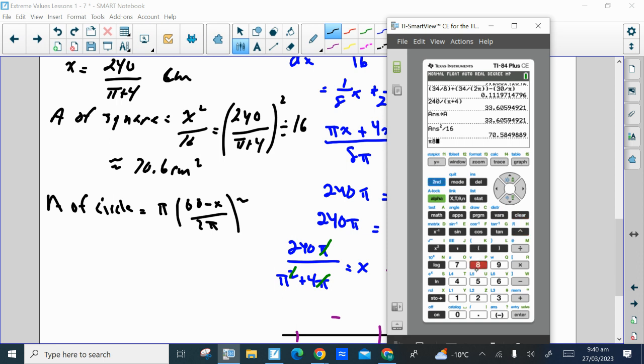Pi bracket. Now we need another bracket for the 60 minus x, and x is memory slot A. That's divided by another bracket for the 2 pi. Close the bracket on the whole thing and square it. So that's approximately 55.4.